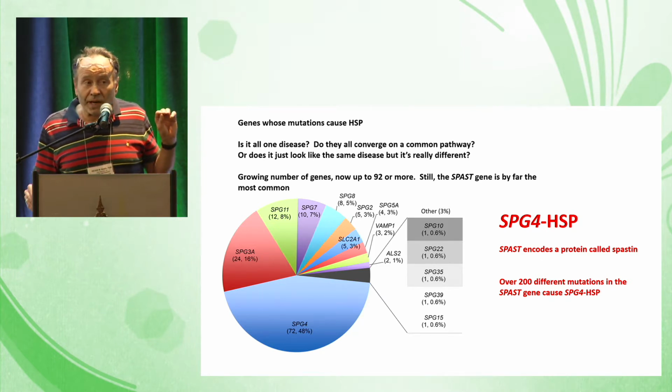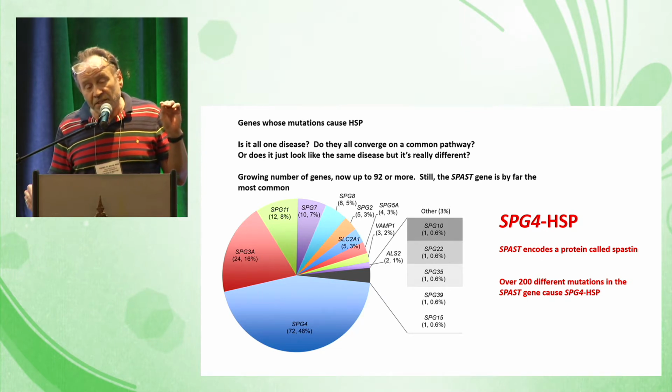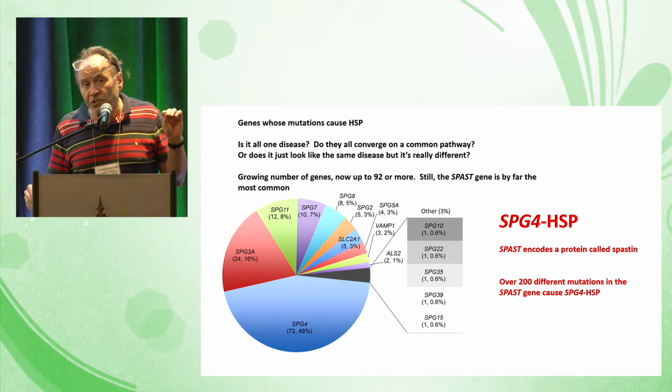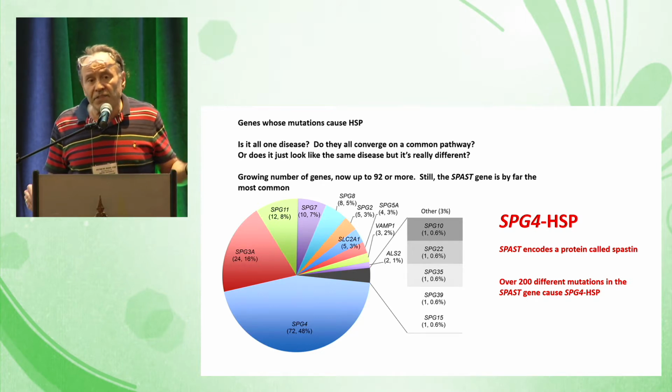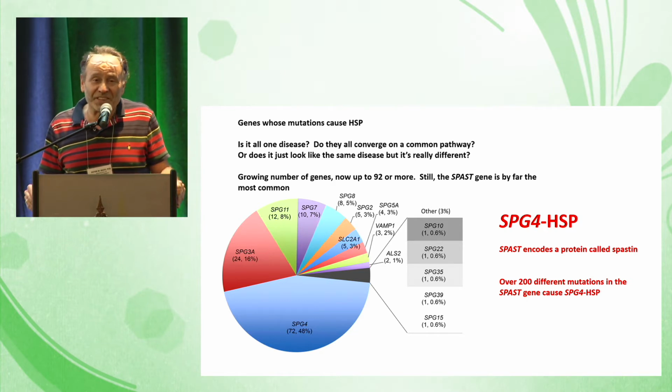Interestingly, I think I'm correct when I say that still the majority of patients who are diagnosed with HSP don't have a mutation in any of these 92. We're still looking. There are still patients who fully manifest as having HSP, but we don't know which gene is mutated yet.